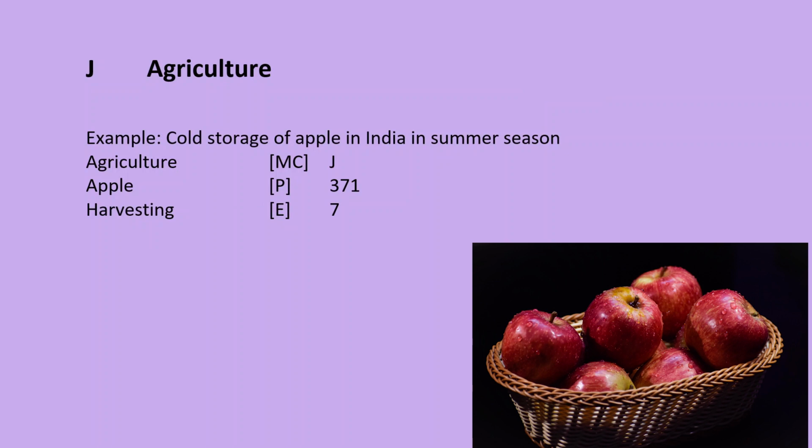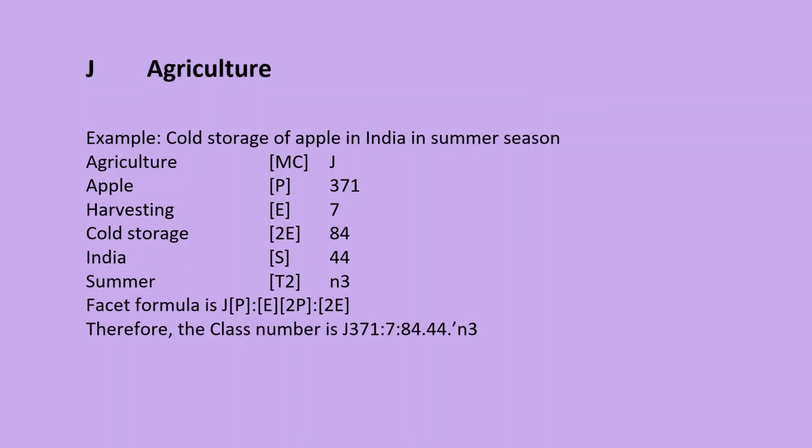Though it is not mentioned, without harvesting storing cannot be done. So before we assign the second round energy notation, we have to find out the first round energy. So the class number will be J371 colon 7 colon 84.44 apostrophe N3 for the summer in the second level time notation.